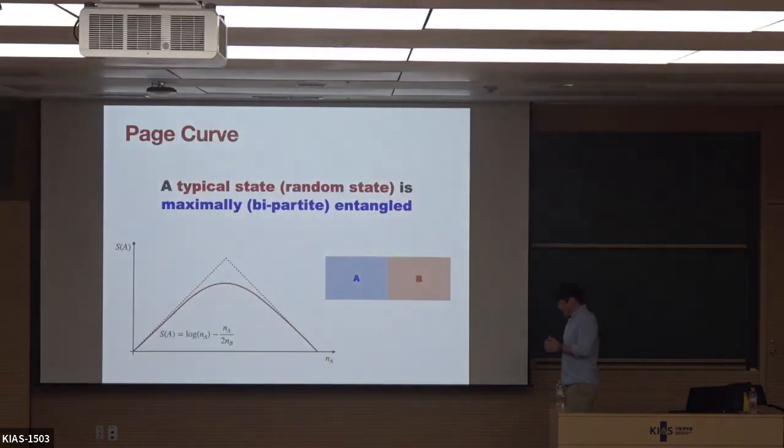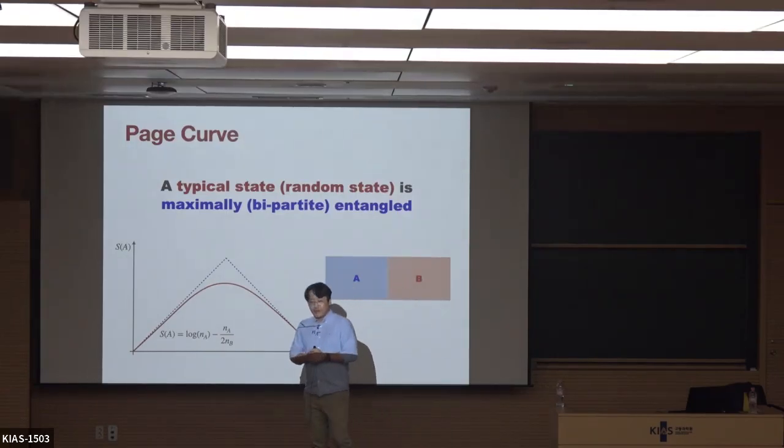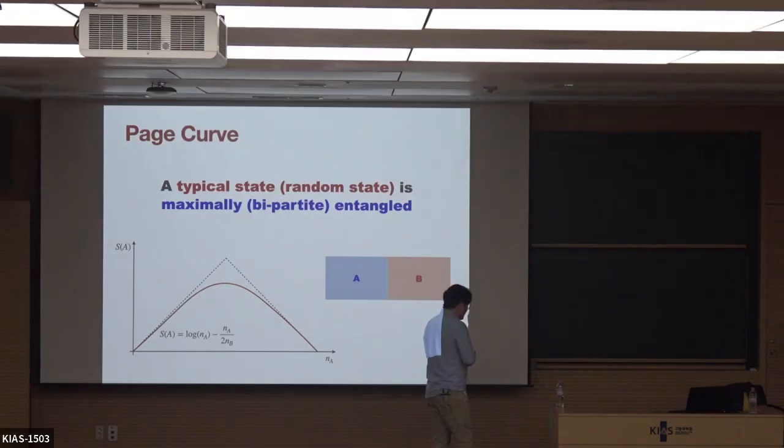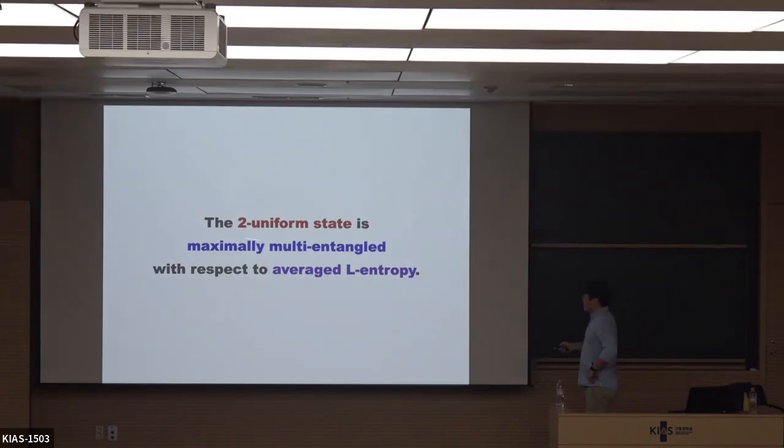The next natural question is, so far we discussed the exact maximally multi-entangled state. But it's very natural to ask about the L entropy of the typical state. The von Neumann entropy, or entanglement, of a typical or random state gives this Page curve.